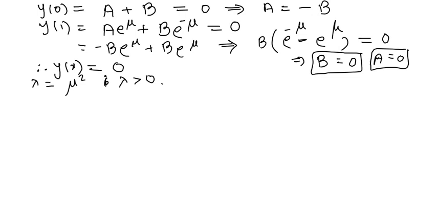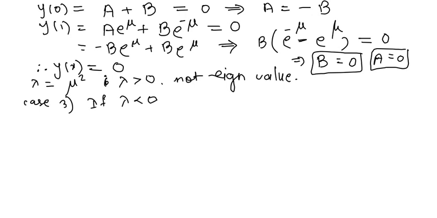And therefore now we go for the next case, that is if lambda is less than 0, then let lambda be equal to minus mu square. Once we get this minus mu square, what will the boundary problem look like?